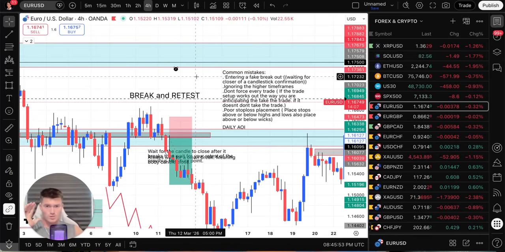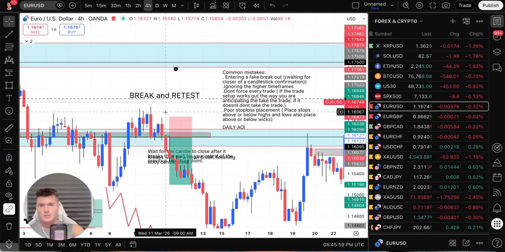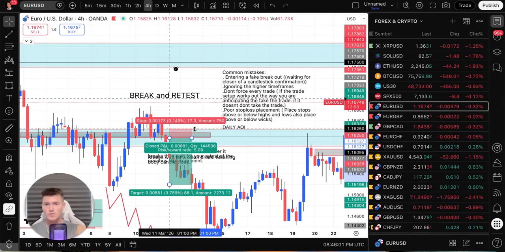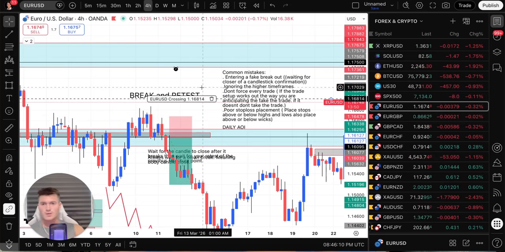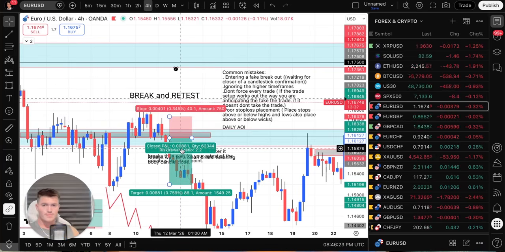Let me tell you, when I started to incorporate stop loss placement, even though it wasn't the best 1 to 5 risk to reward, I would get taken out every single time. I was losing so much more money. Instead of just having a nice conservative stop loss of a 1 to 2, I was starting to win one after the other.